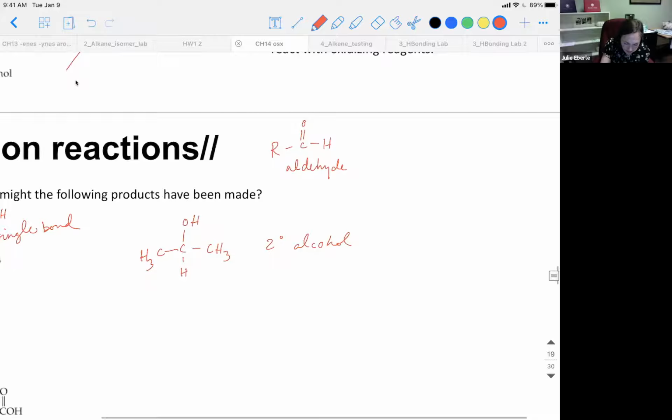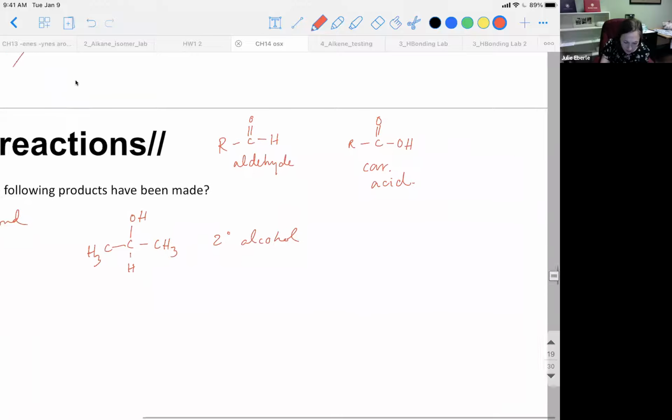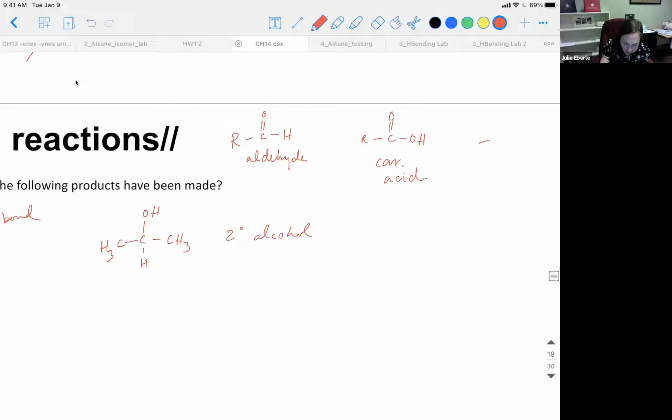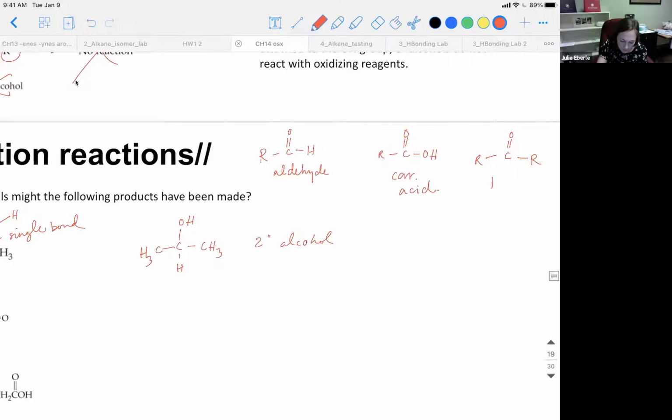Carboxylic acid: some kind of carbon group, here's your carbonyl carbon, and you have an OH. That's a carboxylic acid. Ketone: you have some kind of R group, which is a carbon group, then your carbonyl carbon and another carbon group. That's a ketone. So these R's are both carbons.